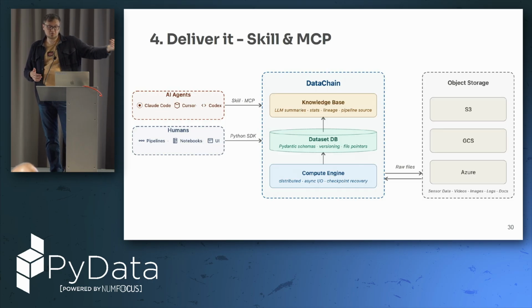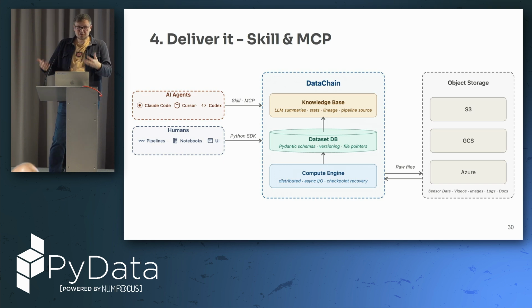So agents don't go to the database directly. They use enriched, agent-ready information. OpenAI does the same. They do LLM enrichment for the agents to make them more efficient. And the compute engine is more like Python, not structured data specific, because you have to run the stuff, and it goes to the storages as usual.